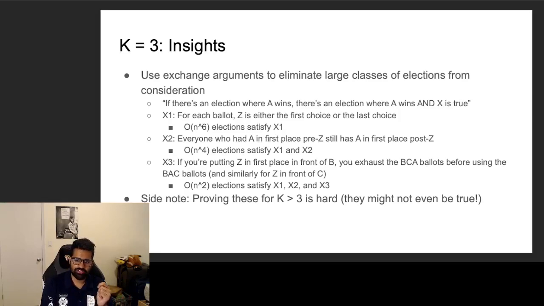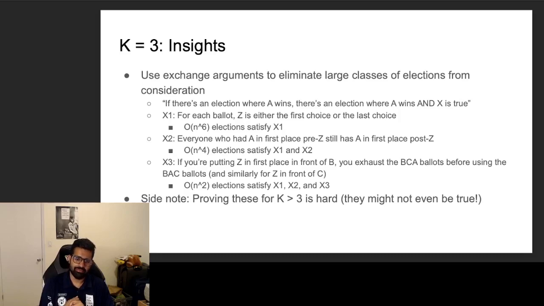The final observation, and this one's new for the K equals 3 case, is that if you have a ballot that's BAC and a ballot that's BCA, you want to spoil the BCA ballot before you spoil the BAC ballot. This is somewhat intuitive when you phrase it in these terms.